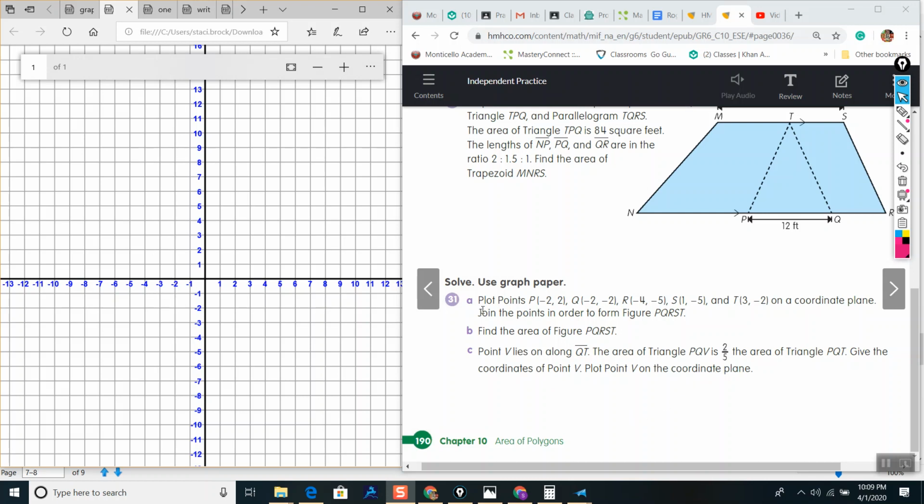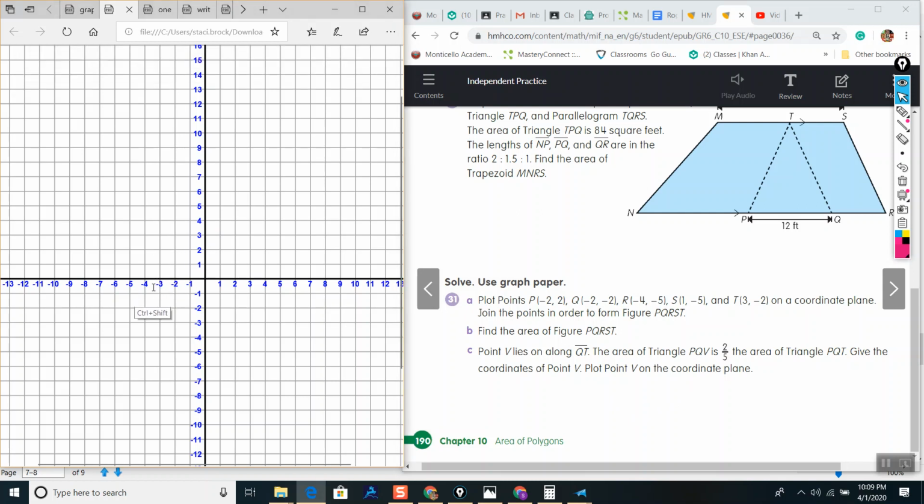Okay, so let's deal with A and B first. So let's plot those points, -2 and 2. Okay, -2 and 2. So there's P. Q, -2, -2. So here's Q. -4 and -5.